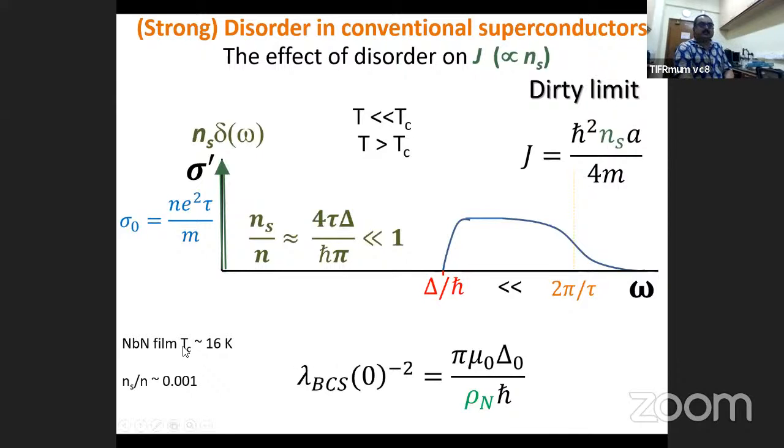But what is the Ns by N? If you calculate the Ns by N, it's 0.001. So you can understand that it's in a very dirty limit. Actually, most of the superconductors that we deal with are in the dirty limit, where you have this 2 pi by tau, which is much larger than delta by h cross. It's very difficult to get superconductors which are in the other limit.